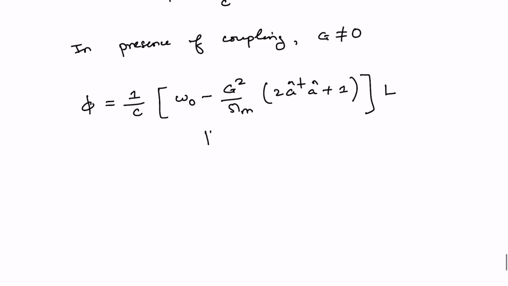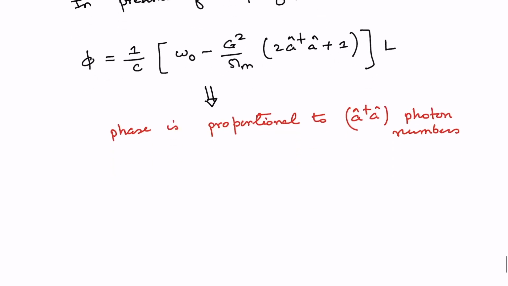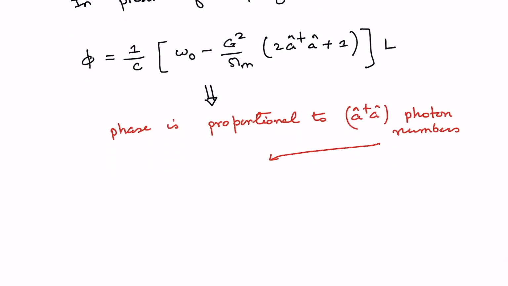And what it means is that now the phase is proportional to a dagger a, which means photon numbers, which in turn is proportional to intensity.